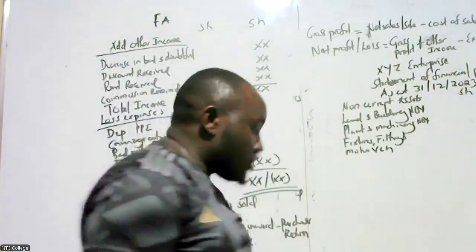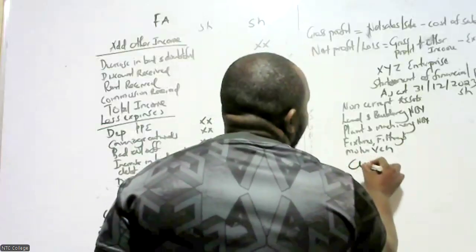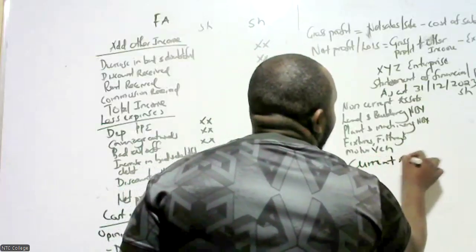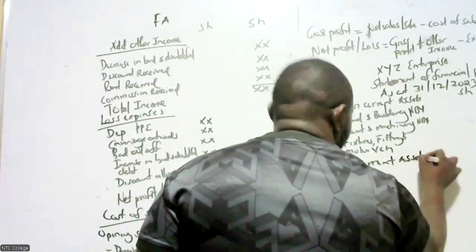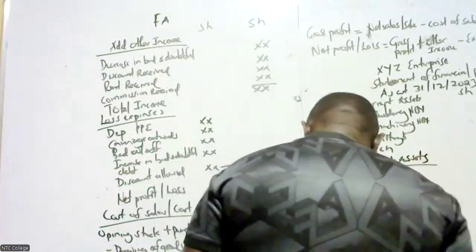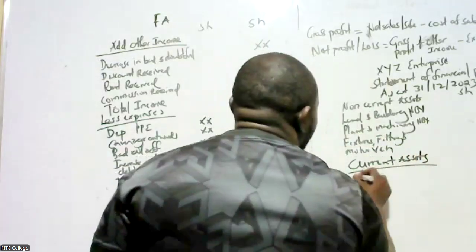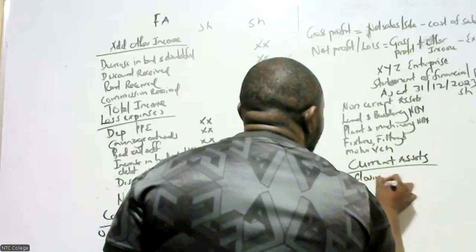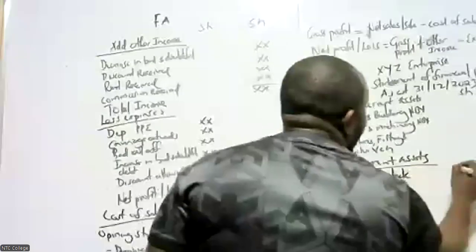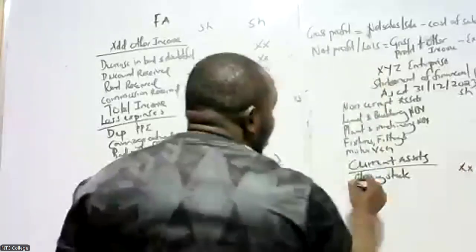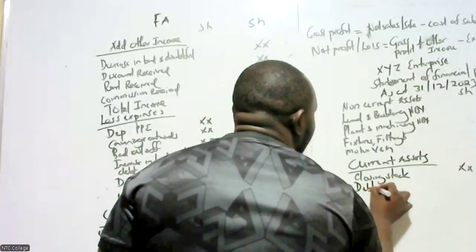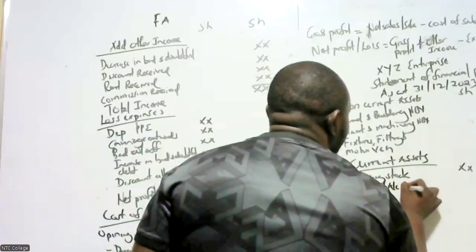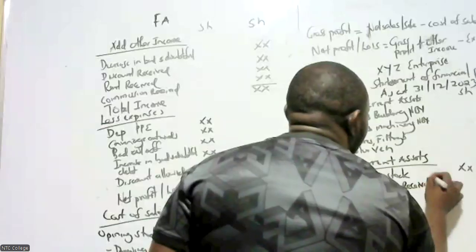Then we proceed to what we call current assets. So current assets, we have stocks, closing stock. We have debtors, accounts receivable.